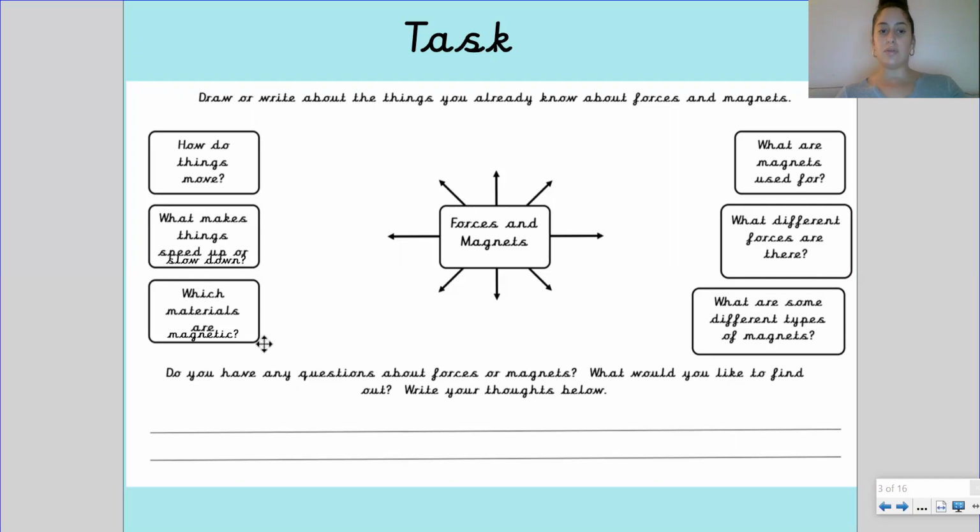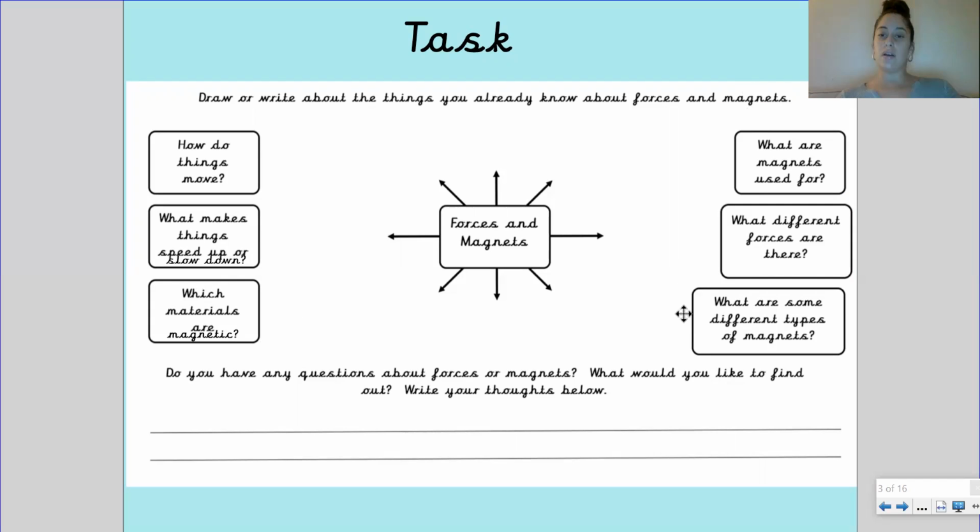Which materials are magnetic? What are magnets used for? Are there any daily objects that you know of that are magnetic, or is there anything else that you know uses magnets to function? What different forces are there? What are some different types of magnets?